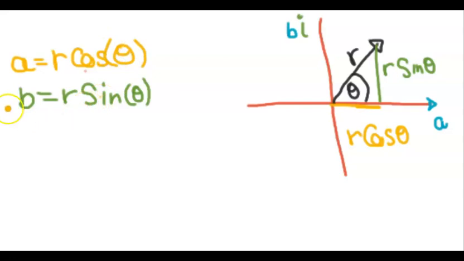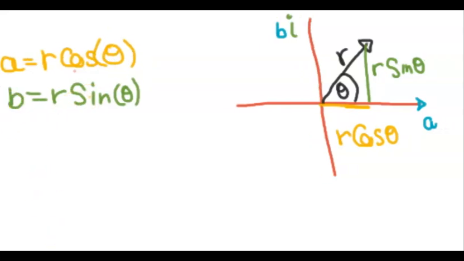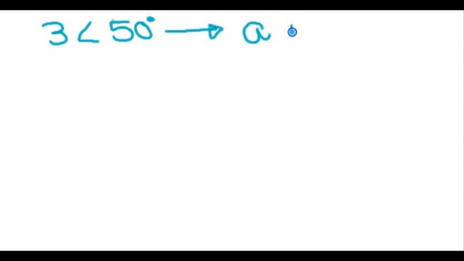Now, let's do one example. Let's say we got a value, 3 angle 50 degrees, and I want to convert that into A plus BI. So first I want to find the real component.